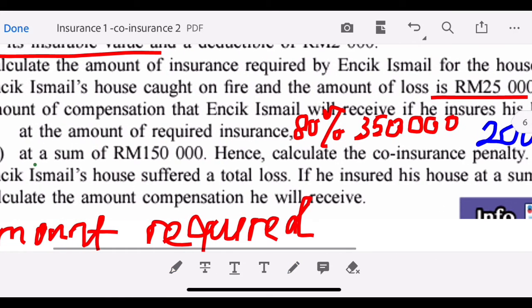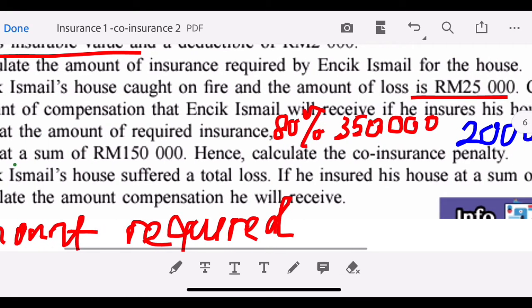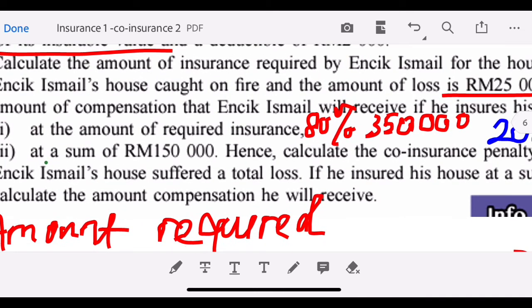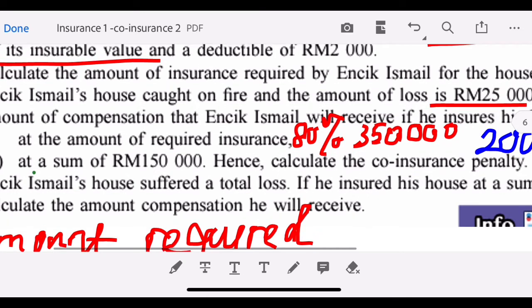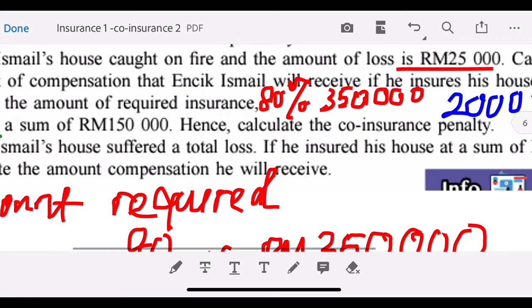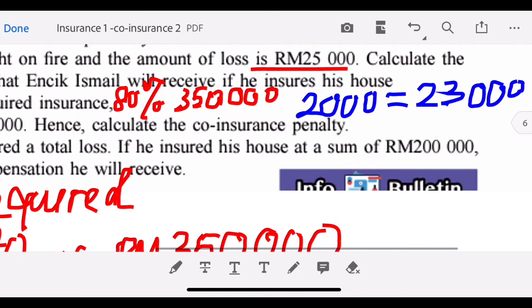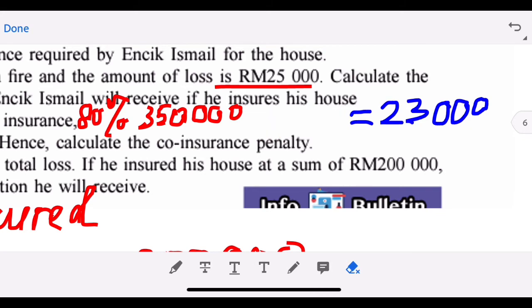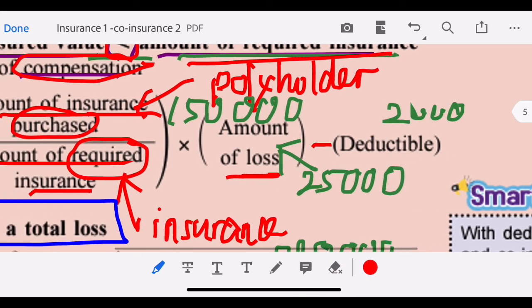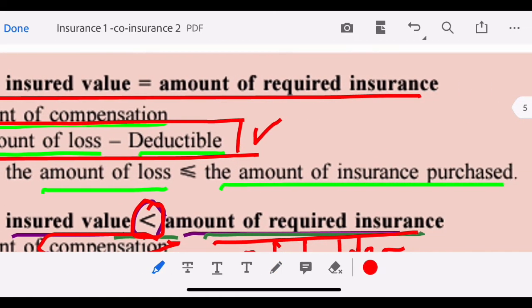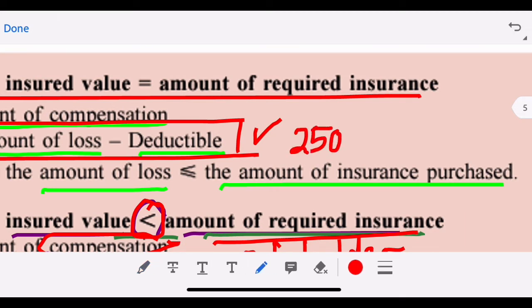In this case, if Inje Ismail insures his house at an amount the same as the required insurance amount, the compensation he will receive is the loss, 25,000, minus the 2,000 deductible, because his insured value is equal to the amount of required insurance.